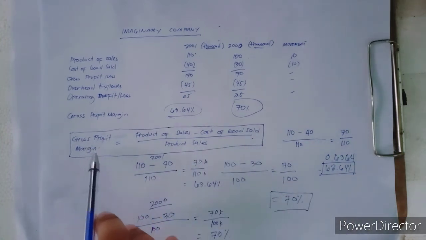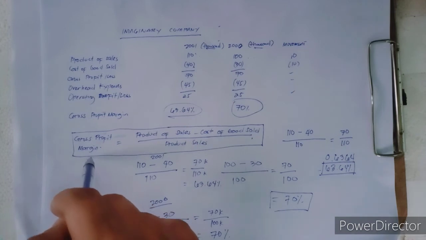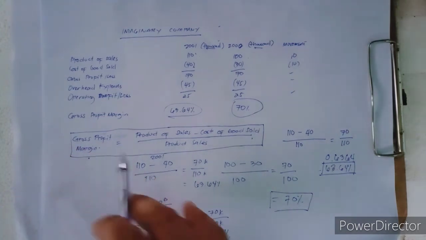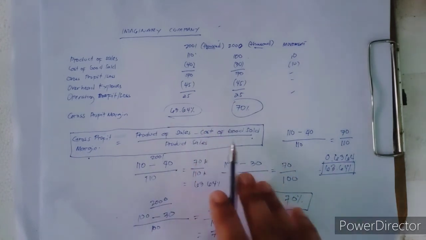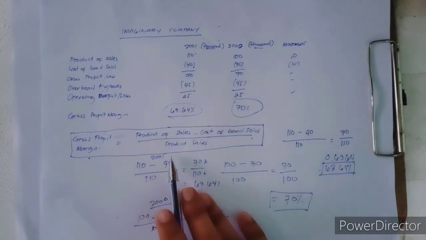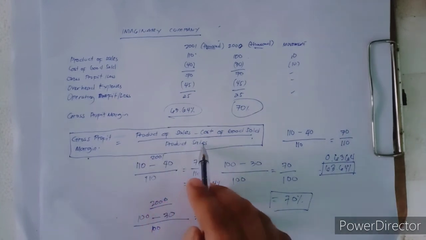Gross profit margin is equal to product sales minus cost of goods sold, divided by the whole lot of product sales.